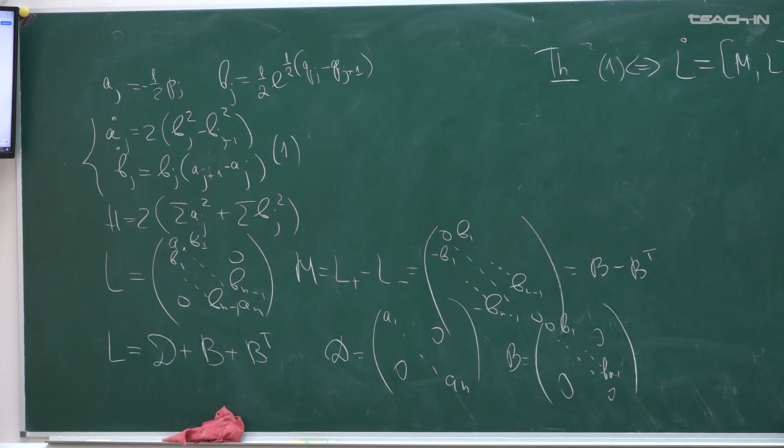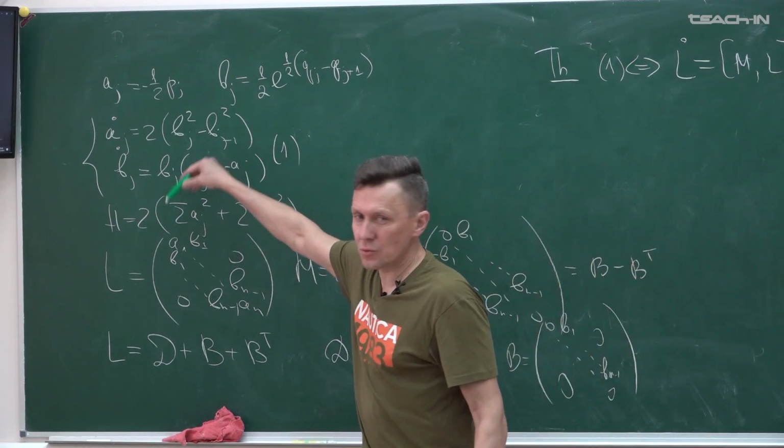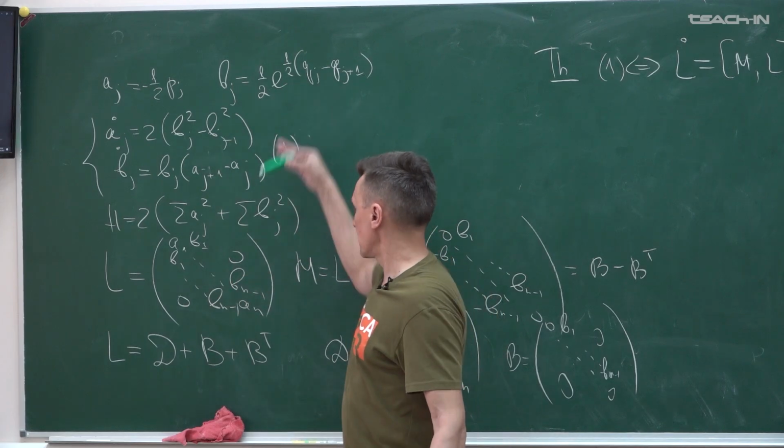Maybe this will be more convenient. But you need to represent this L with those coordinates. How is it called? Flaschka coordinates, yes. These letters are Flaschka coordinates.